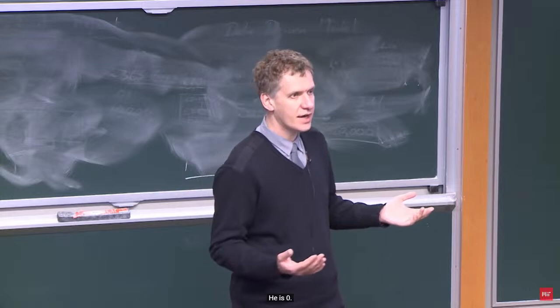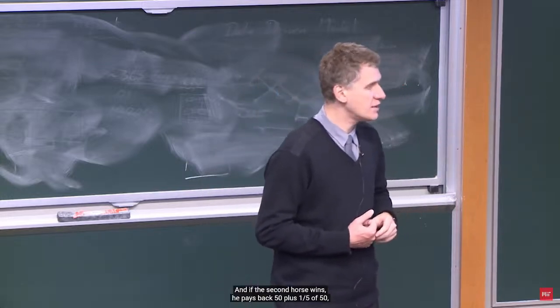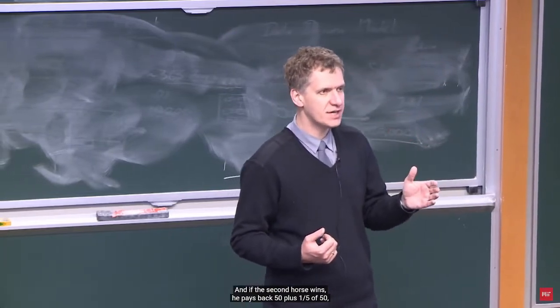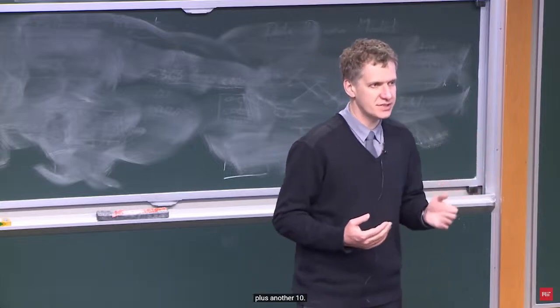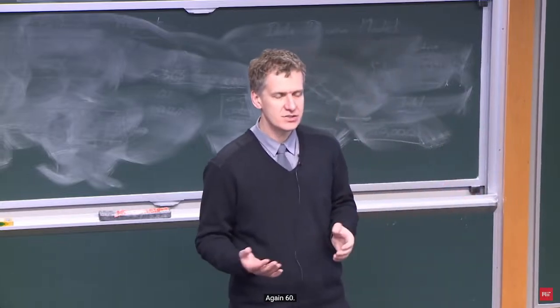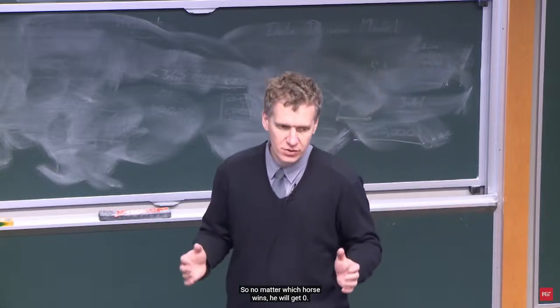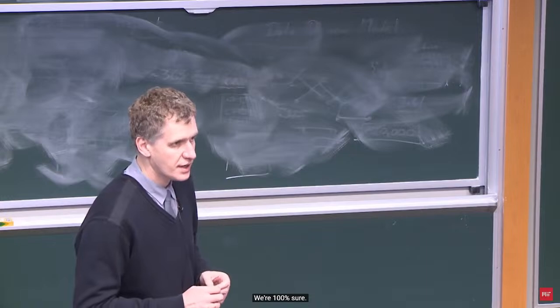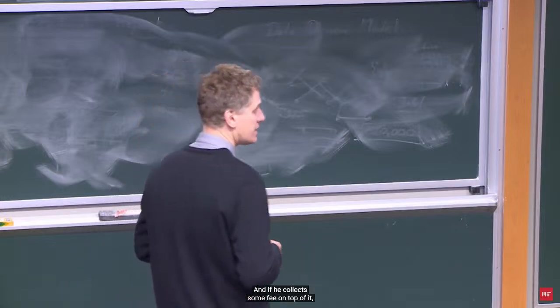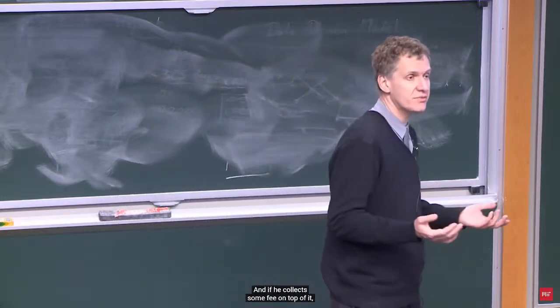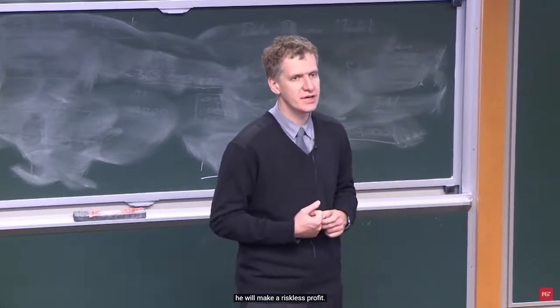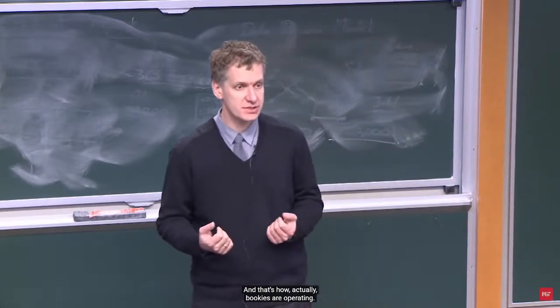He is at 0. And if the second horse wins, he pays back 50 plus 1/5 of 50 plus another 10, again 60. So no matter which horse wins, he will get 0, with 100% certainty. And if he collects some fee on top of it, he will make a riskless profit. And that's how bookies actually operate.